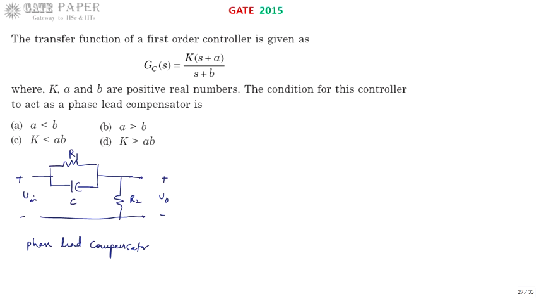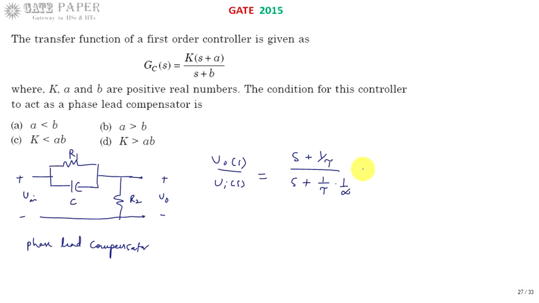The transfer function of the phase lead compensator, V0 of S by Vi of S, the general transfer function is (S plus 1 by tau) by (S plus 1 by tau into 1 by alpha).